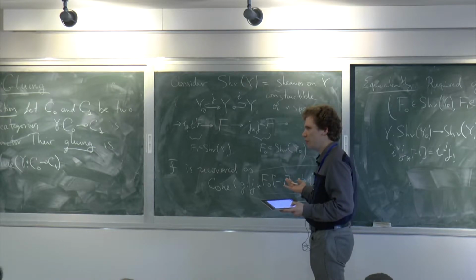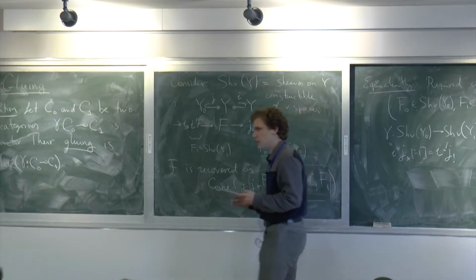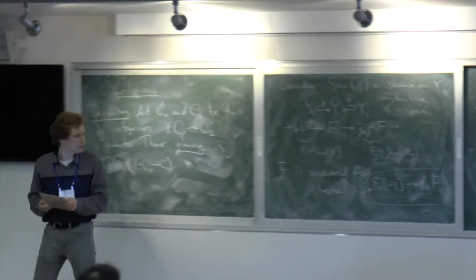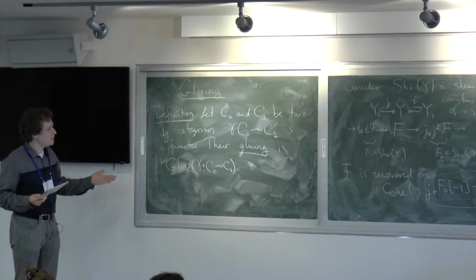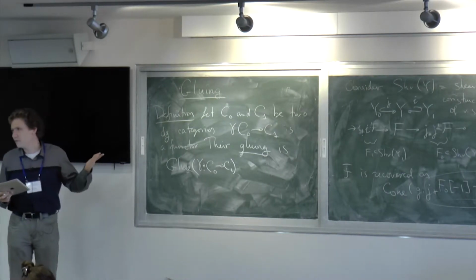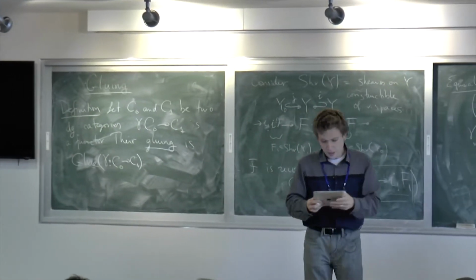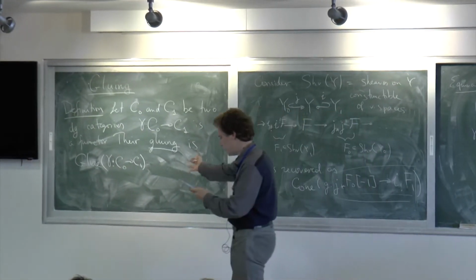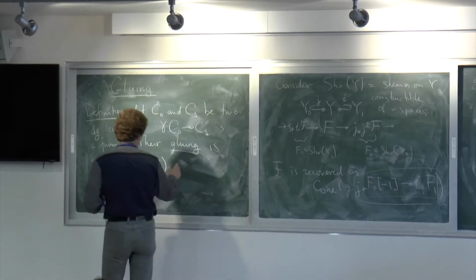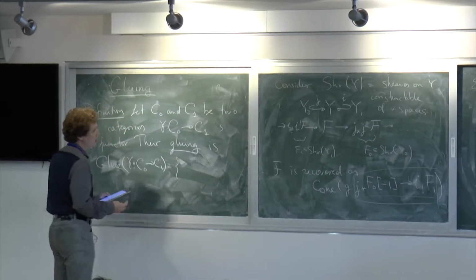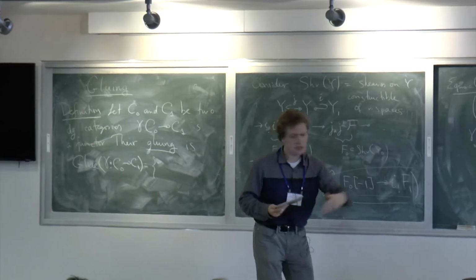Here I'm only working with linear objects, so I don't see what I win by passing to infinity categories. You can call them infinity categories if you want, like stable infinity categories. It's fine. But anyway, so we define this to be the category whose objects are triples like this.